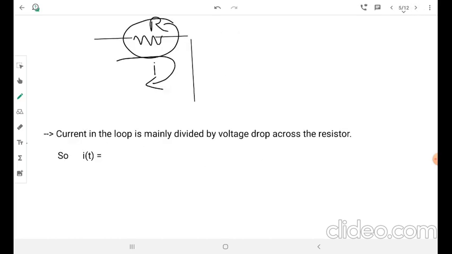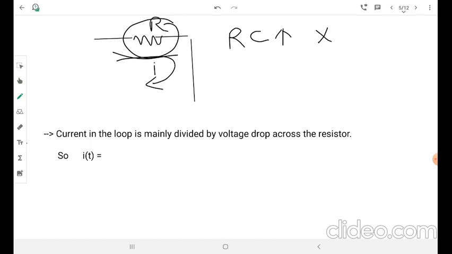See here. The voltage drop across this resistor is VR, and the voltage drop across the capacitor is VC. If the time constant RC is very much high, that is the C value is very high, then what will happen?